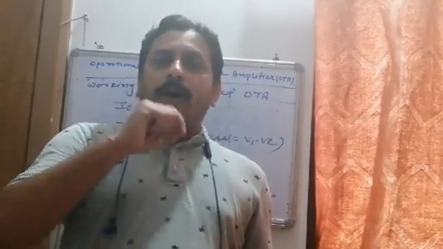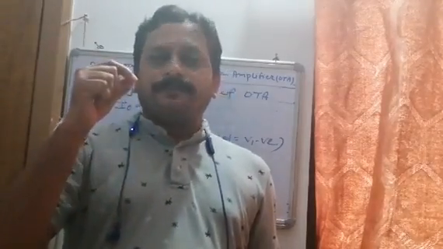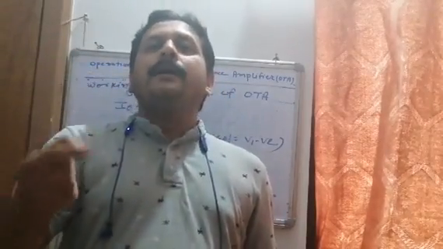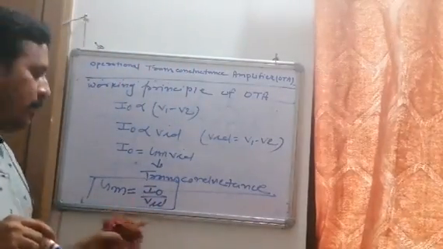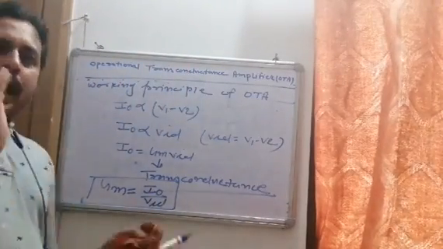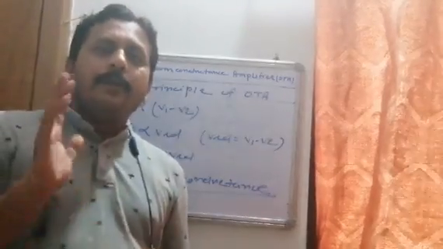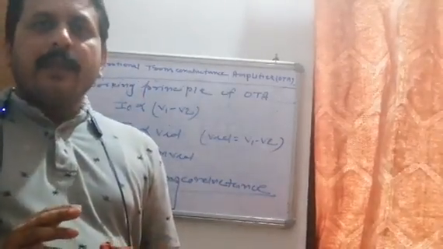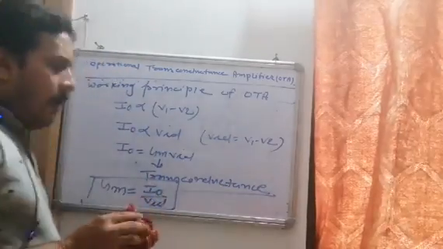So transconductance means output current divided by input voltage. That's why we denote GM equal to I naught by VID. Now I'll see the symbol of OTA and pin configuration as well as the small signal model of OTA.